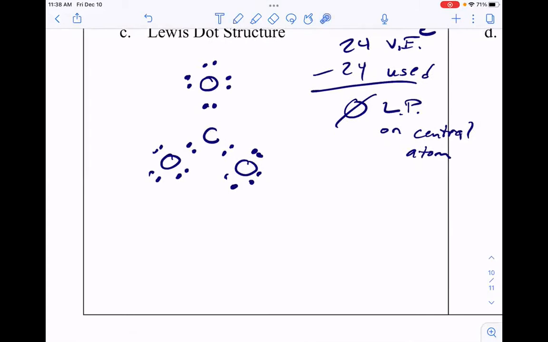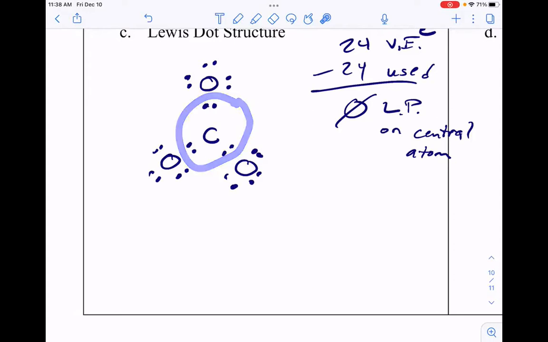And so looking at the structure, we do have octets on the surrounding atoms. The surrounding atoms are happy. If you look at the central atom, we don't have an octet. And since the central atom is carbon, and carbon needs an octet, what do we do? We have to make a double bond.